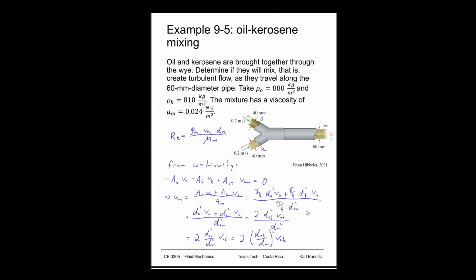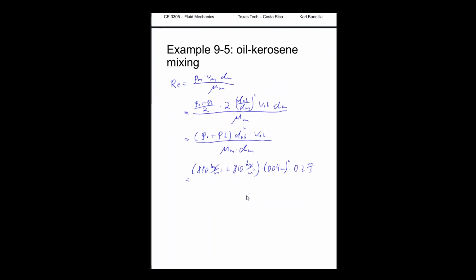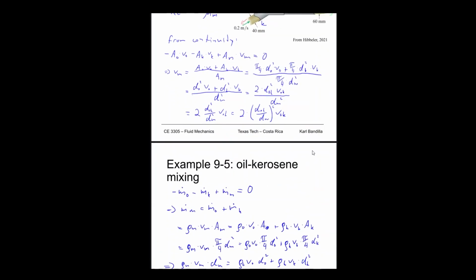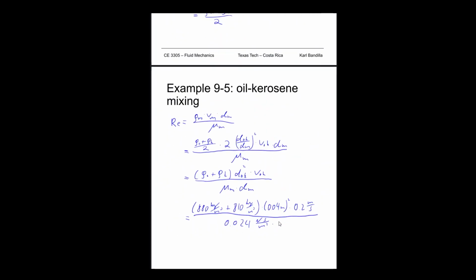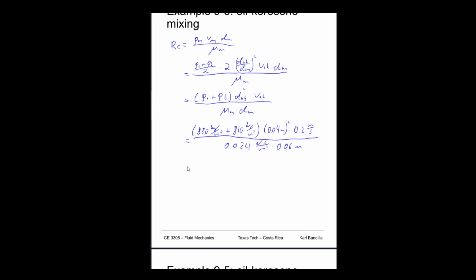You can find those here: 40 millimeters and 0.2 meters per second. And then we're dividing that by the given viscosity, 0.024 Newton seconds per meter squared. And we still have to multiply that by the diameter on the outflow point. That would be 60 millimeters, so 0.06 meters.